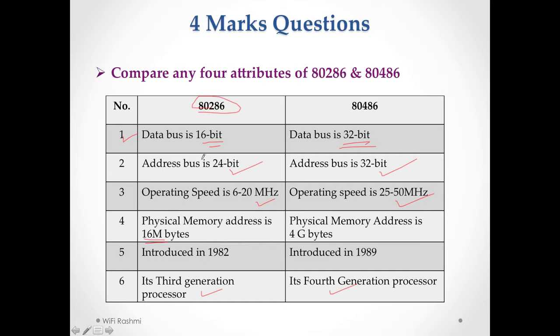I already told you that the address bus bit count, that is 2 to the power 24, will give you 16 megabyte. Here physical memory address is 4 gigabyte, that is 2 to the power 32 will give you 4 gigabyte. 80286 was introduced in 1982, 80486 was introduced in 1989. That's why it is a third generation processor and it is a fourth generation processor according to this bit or data bus.